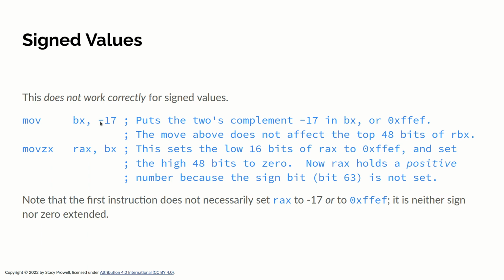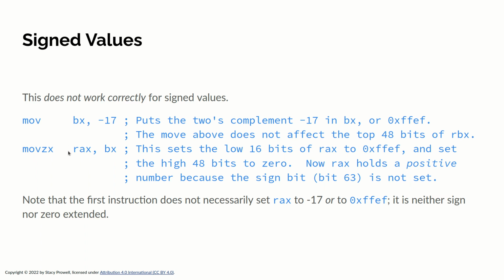So let's say I put the value negative 17 in BX. What does negative 17 look like in 16-bit two's complement? Because this is a 16-bit register. It looks like 0xFFEF. That's what it looks like. So then I do this. This does not affect the high 48 bits in the right way.